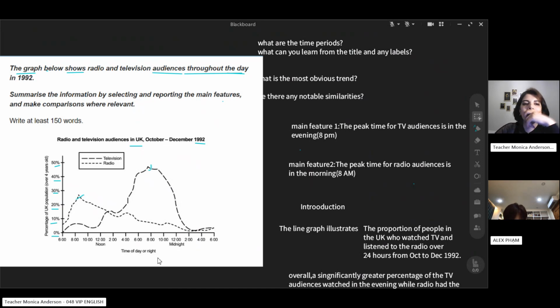Okay, so that's really easy because we have 2 main features. 1 paragraph, main feature 1, 1 paragraph, main feature 2. So I divide them into 2 paragraphs. Okay, well, main feature 1, the peak time for TV audiences, is in the evening.